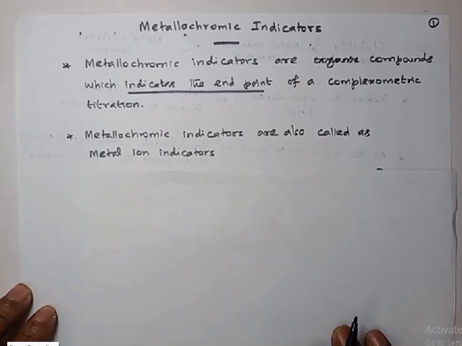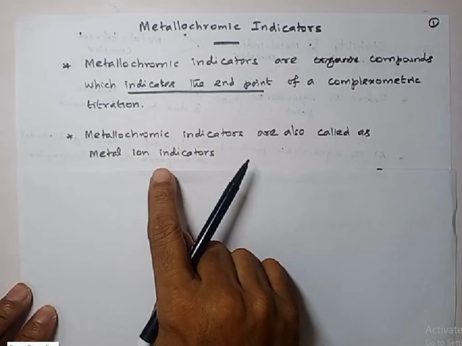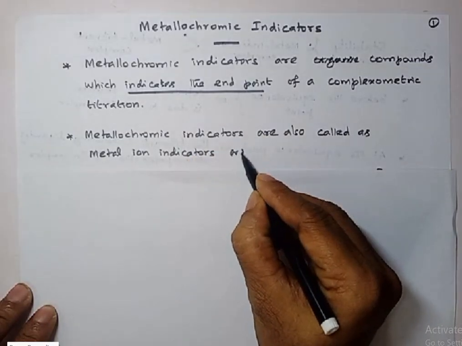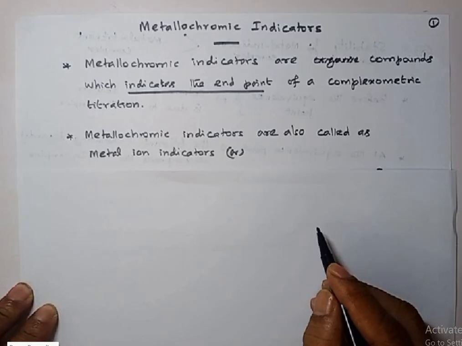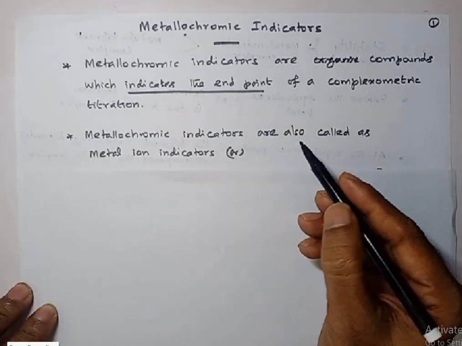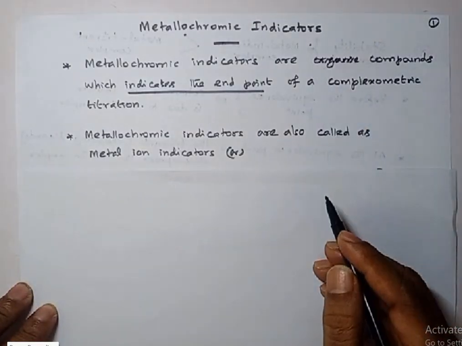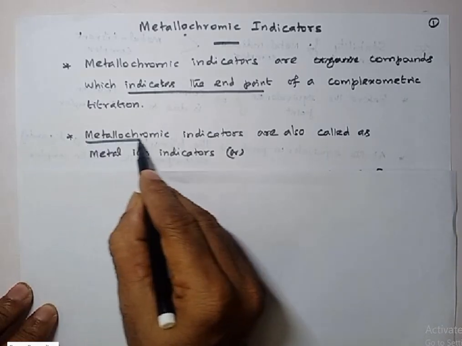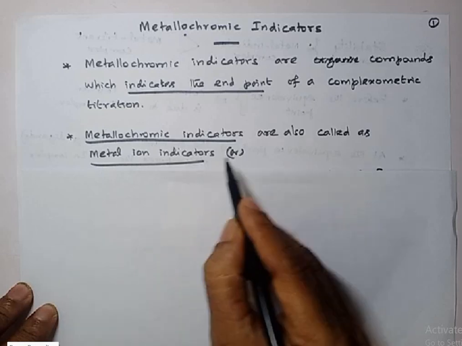Metallochromic indicators are also called metal ion indicators, or complexometric indicators. But these are the common terms we use: metallochromic indicators or metal ion indicators.